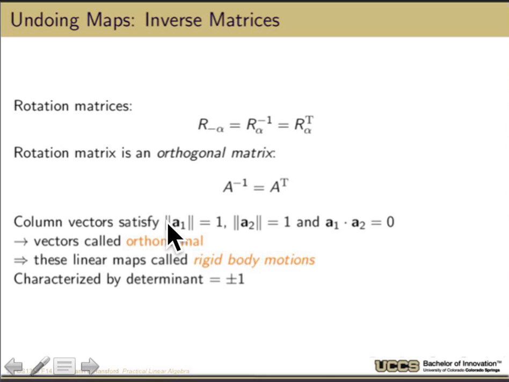These vectors are called orthonormal: normal because their length equals 1, ortho because they're orthogonal, which means their dot product is 0. Any map that has these properties is a rigid body motion overall, and it's characterized by having a determinant of plus or minus 1.